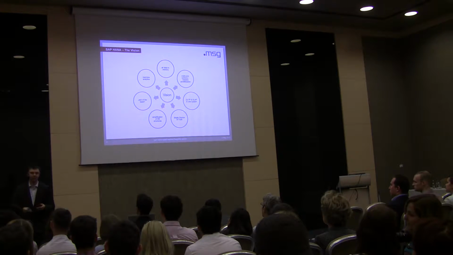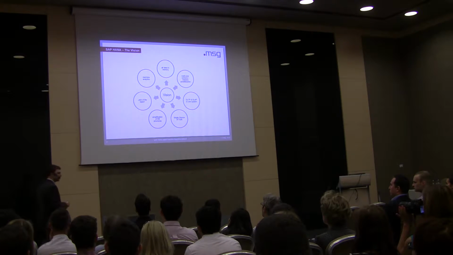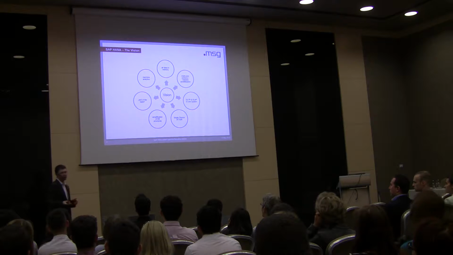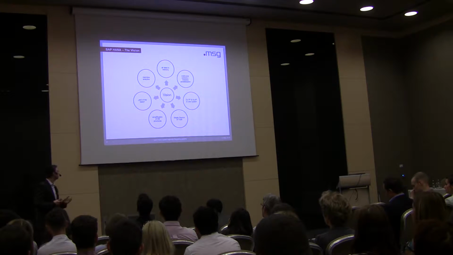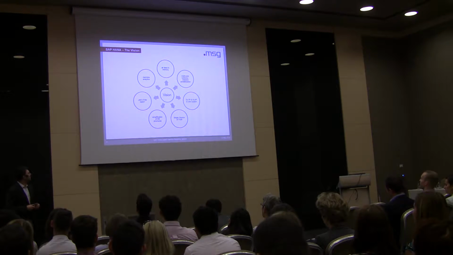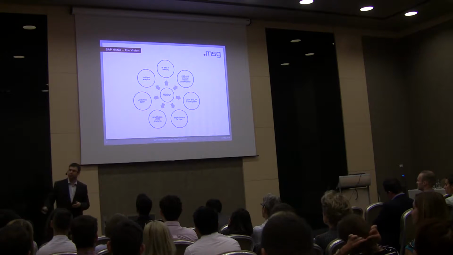On the next day, the business people check the results. Maybe he made an error, then he has to correct the data, or maybe the result is not what he expected. Then he has to adjust the data, and then overnight the batch runs again, and he has to check that on the next day.